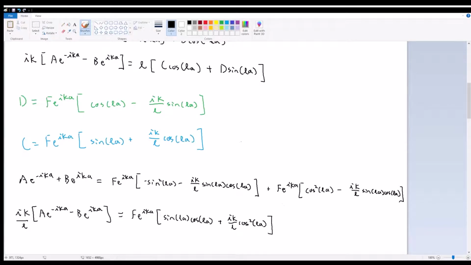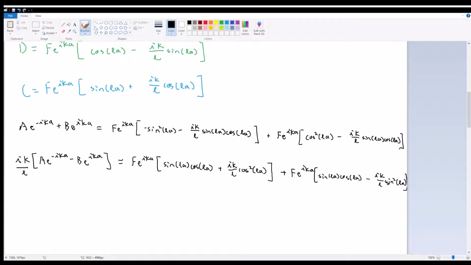And then we're adding D sin(la), so plus F e^(ika) times sin(la)cos(la) minus ik/l sin²(la). With that, now we can just simplify these.